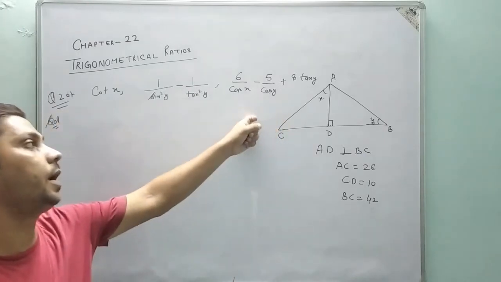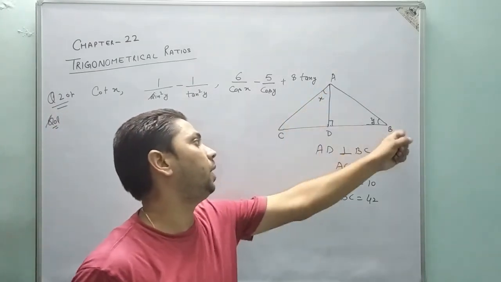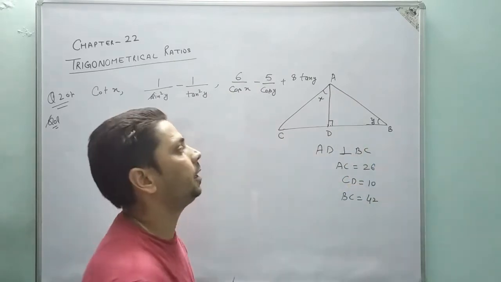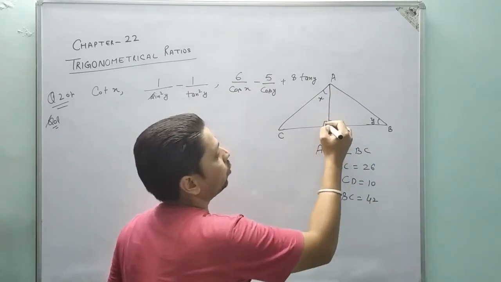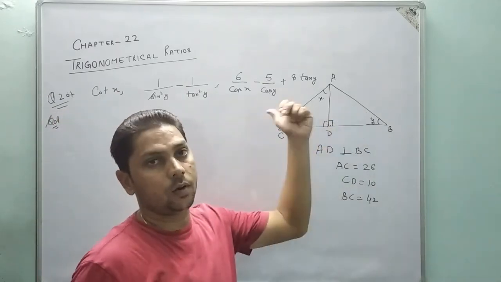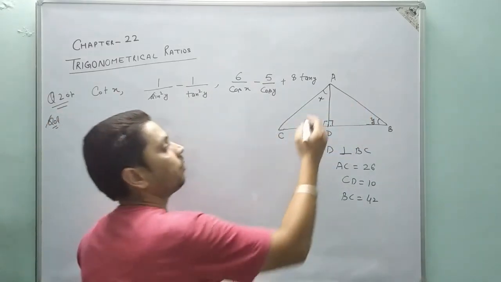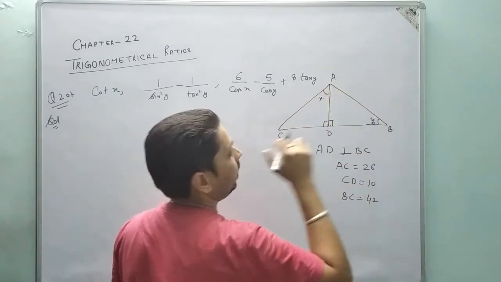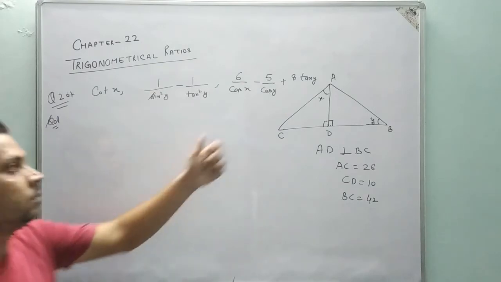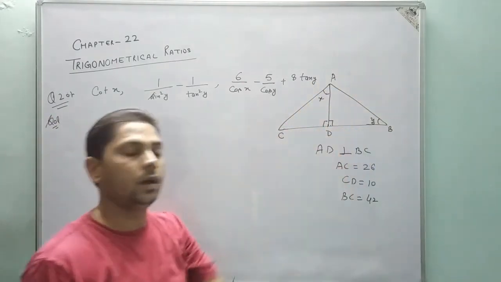We have given a triangle ABC, and AD is perpendicular to BC. Since AD is perpendicular, in both the triangles we have the right angle at D on both sides here. Also, we have given the angles x and y at DAC and at angle ABD here.